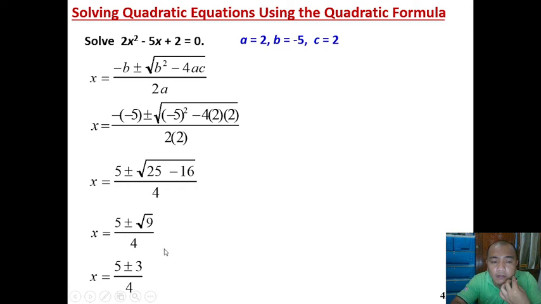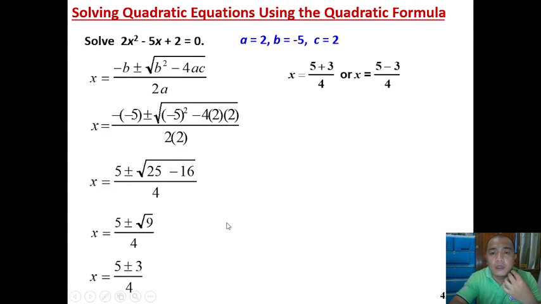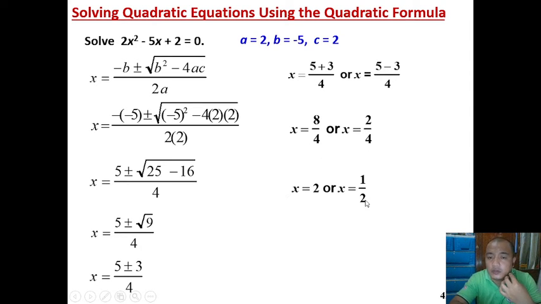So we have 5 plus and minus 3 all over 4, or 5 plus 3 all over 4, or 5 minus 3 all over 4. 8 divided by 4 is 2, and 2 over 4 is one half. So 2 and one half are the solutions of the quadratic equation.